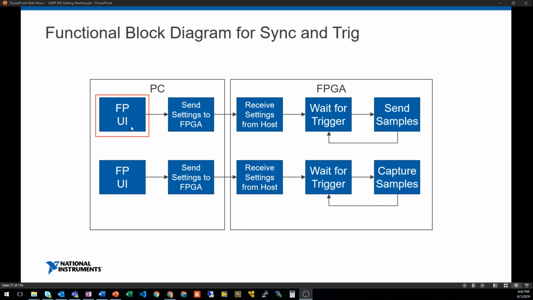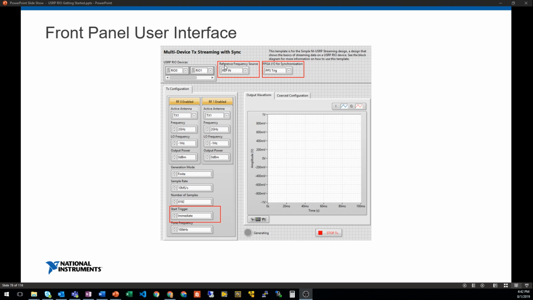Great, so let's look at the front panel UI. So, we have the reference frequency source, and then the FPGA I/O for synchronization. So this FPGA I/O, remember those bit files that we talked about. You can either have it as a PPS trigger, or you can have it come in through the auxiliary line. So that's what that is. The reference frequency source: either you can have an internal reference, or you can ask it to reference from a clock.